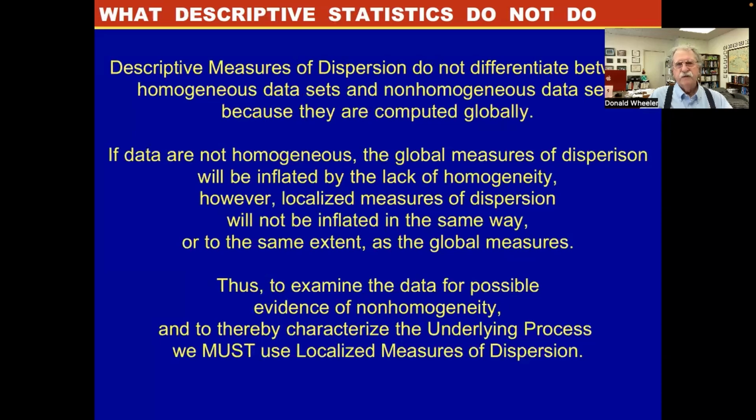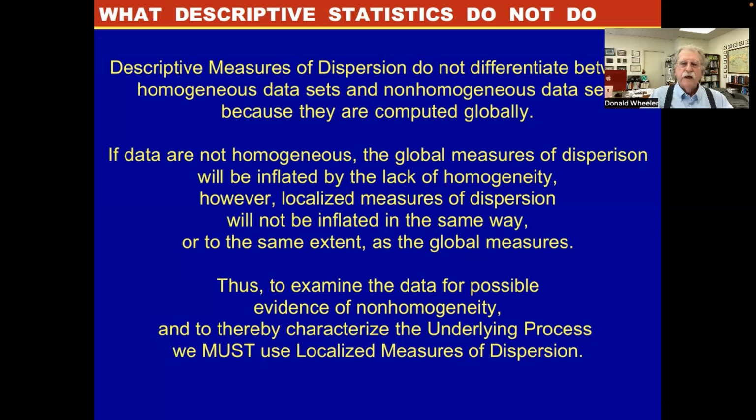Descriptive measures of dispersion do not differentiate between homogeneous data sets and non-homogeneous data sets because they are computed globally. If the data are not homogeneous, the global measure of dispersion will be inflated by the lack of homogeneity, but the localized measure of dispersion will not be inflated in the same way or to the same extent as the global measure.